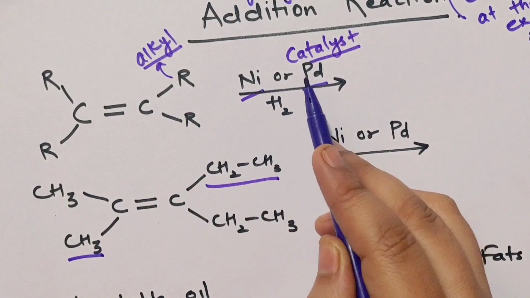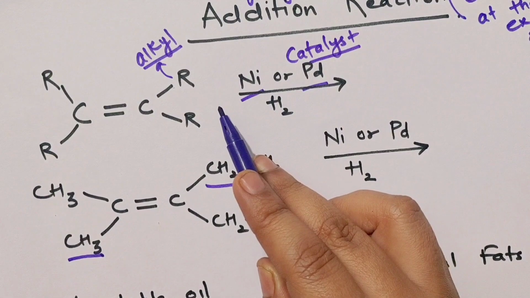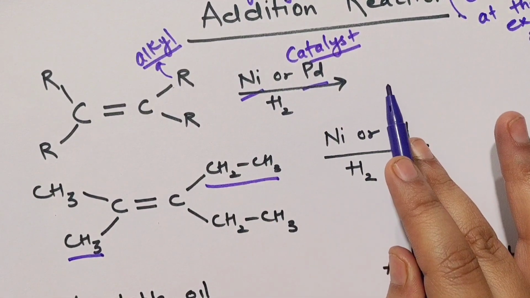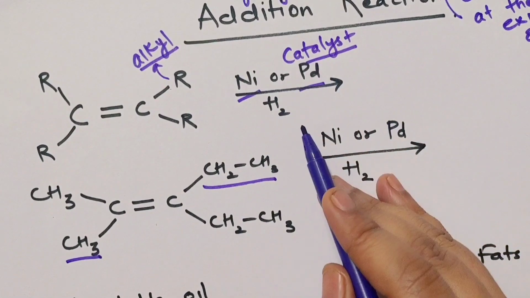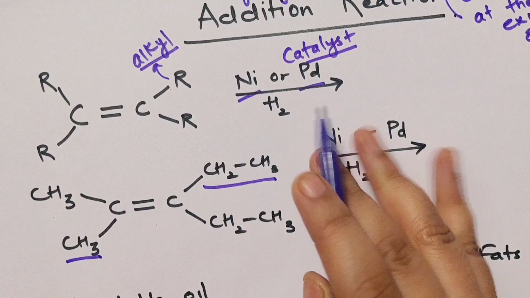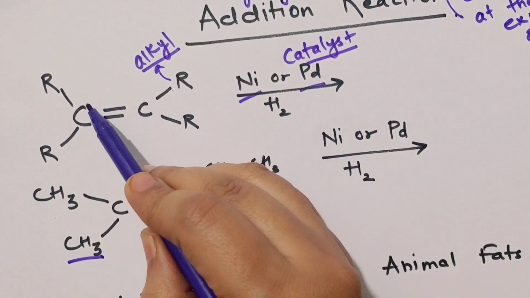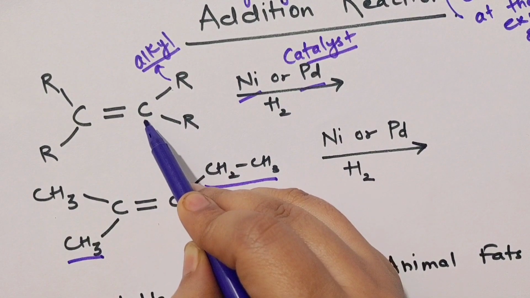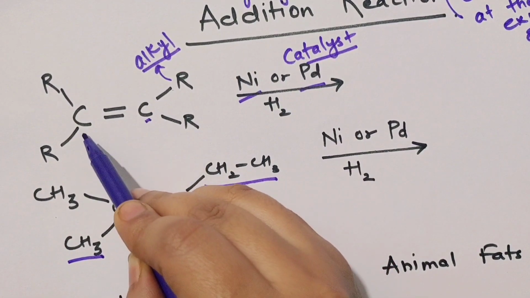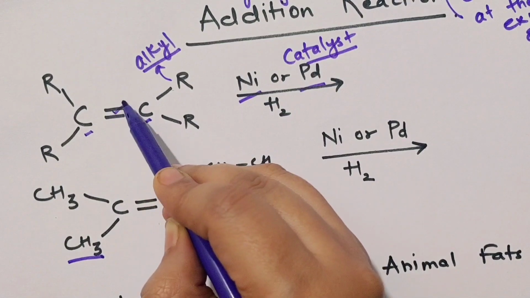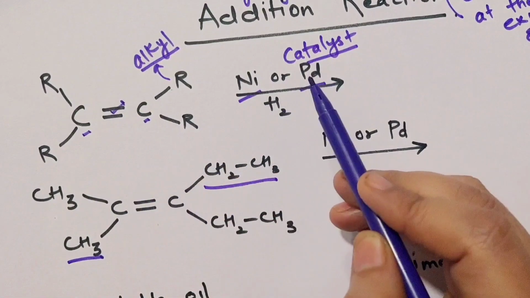Nickel or palladium are not seen anywhere in the products. They are just catalysts. So what happens is this hydrogen has two hydrogen atoms. They will get added across the double bond. That means one hydrogen would get added here, the other hydrogen atom would get added here, and one of the two bonds has to go.